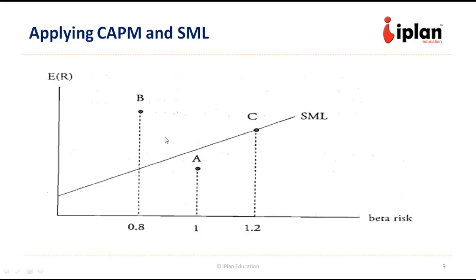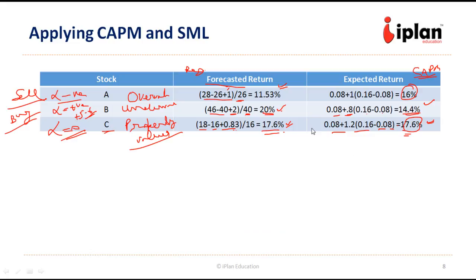Now if you try to plot them here, this was our security market line. Based on our beta, we have a particular return. So if we put these values from the table on the security market line, for C, beta equal to 1.2, we have 17.6%.